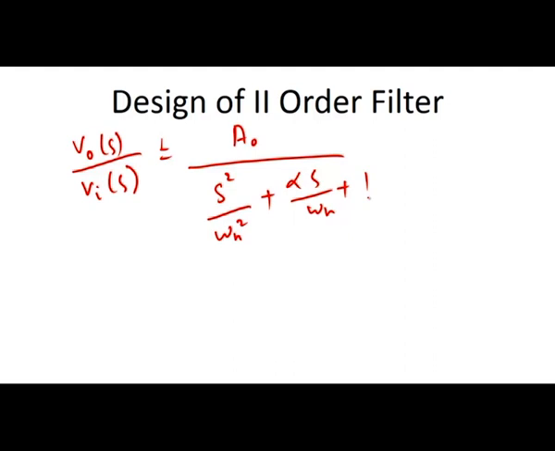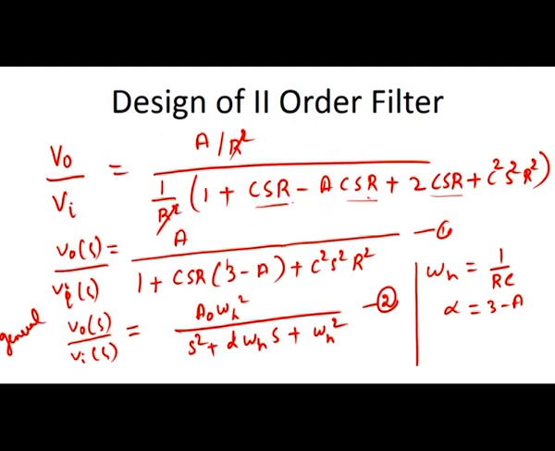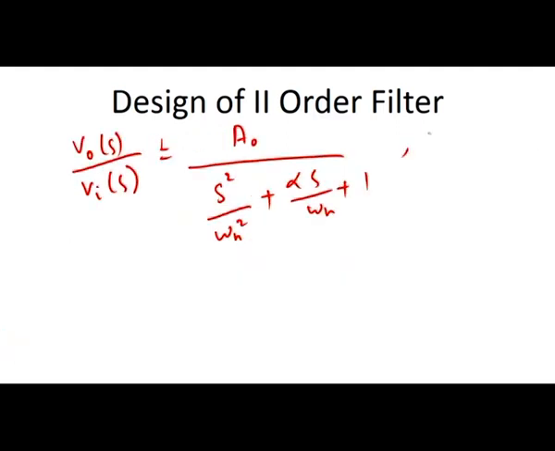Now if you relate the equation, you have omega H is equal to 1 by RC and alpha is 3 minus A, and omega H is 2 pi f actually. The omega is 2 pi f. F is equal to 1 by 2 pi RC.